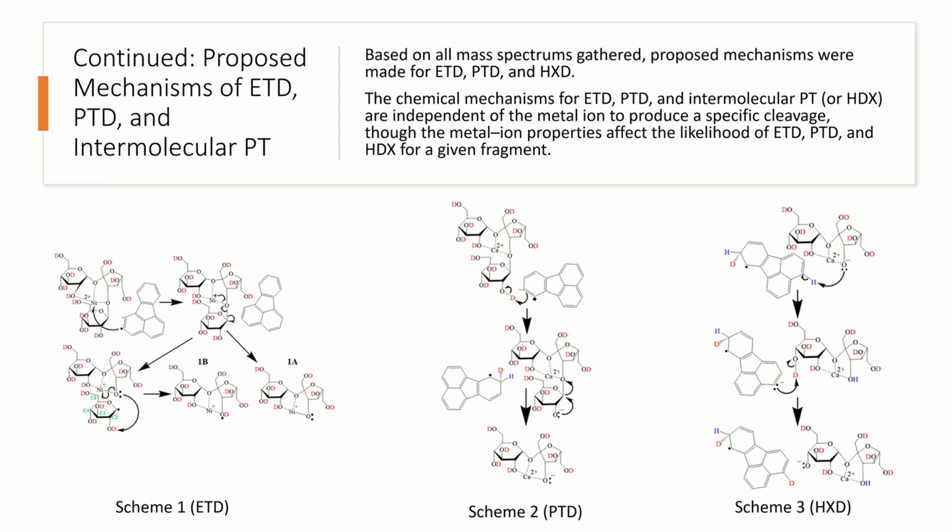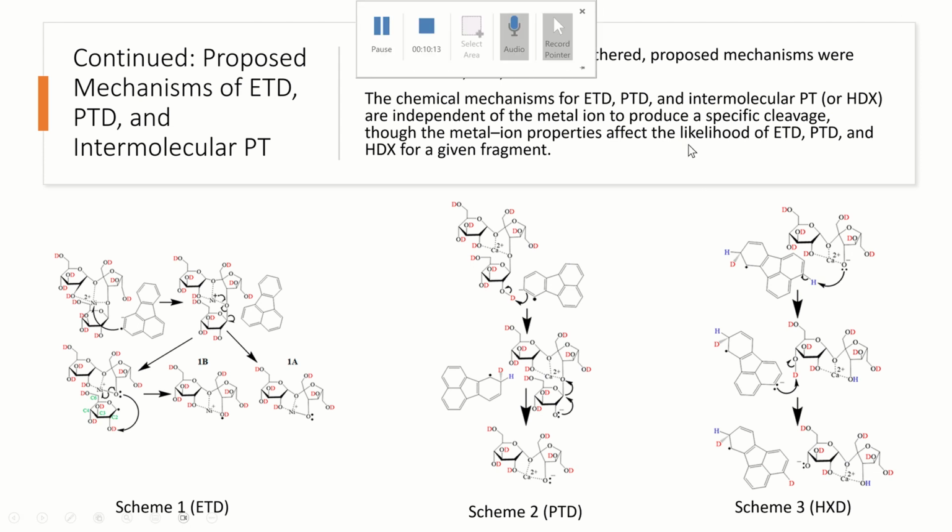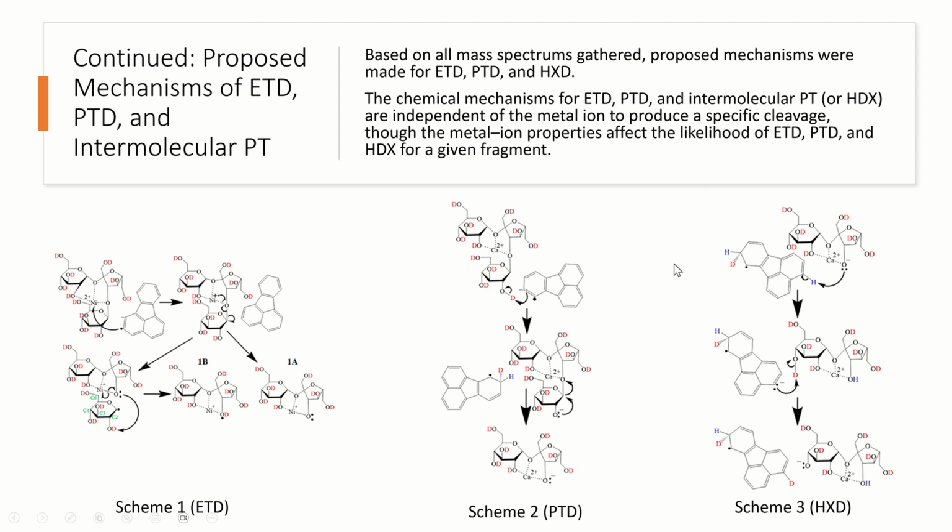And lastly, because of all the mass specs run, effort was put into proposed mechanisms for the given mass specs. The proposed mechanisms were made for the first one, ETD, and then the second one, PTD, and lastly, hydrogen deuterium exchange.